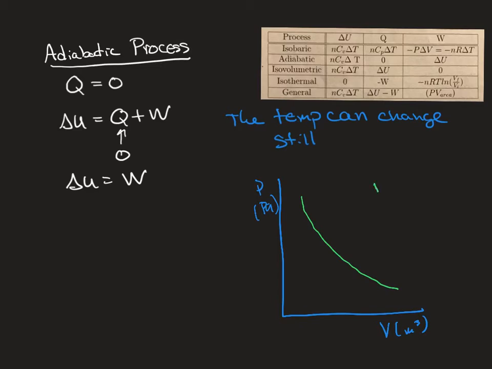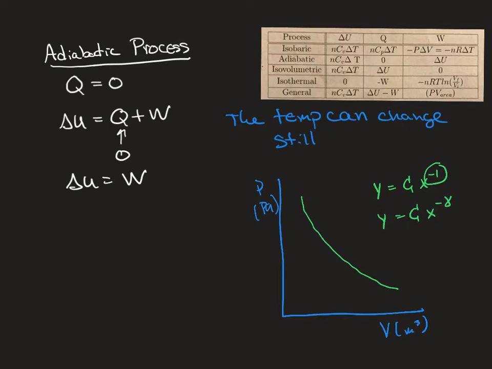Now you would have done a line of best fit and gotten y equals some constant times x to the -1 power. This graph though, this term is going to be different. It's not going to be to the -1 power. It's going to be y equals some constant times x to the negative gamma.